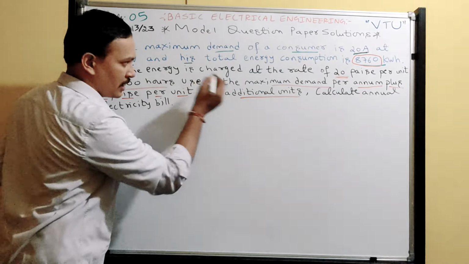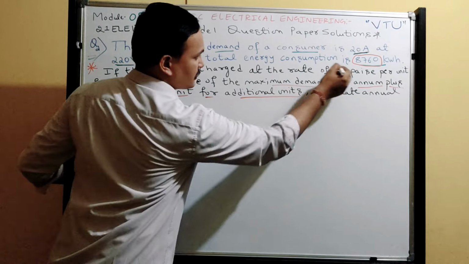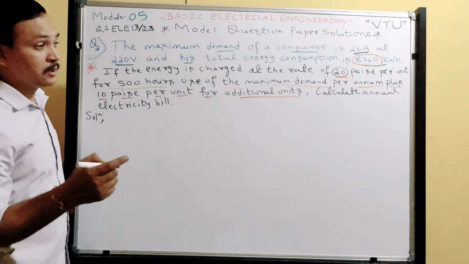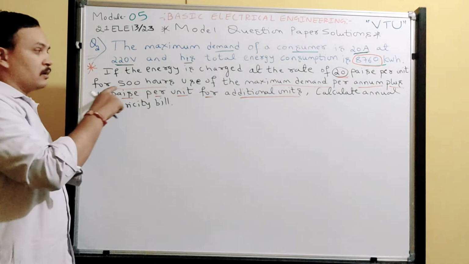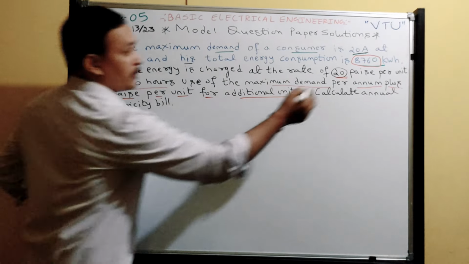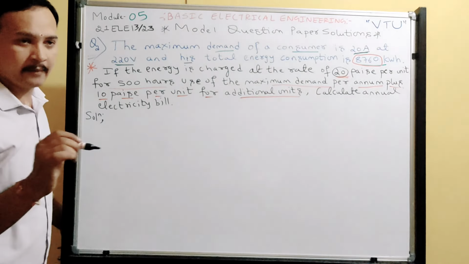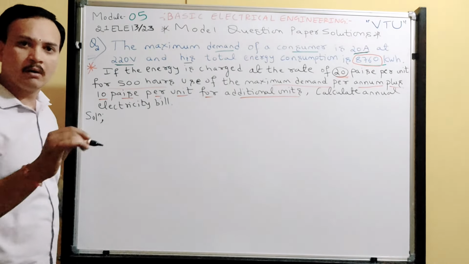If the energy is charged at a rate of 20 paise per unit for 500 hours use of the maximum demand per annum. So per annum. Now in the question they specified annum, so all the data is applicable to annum.